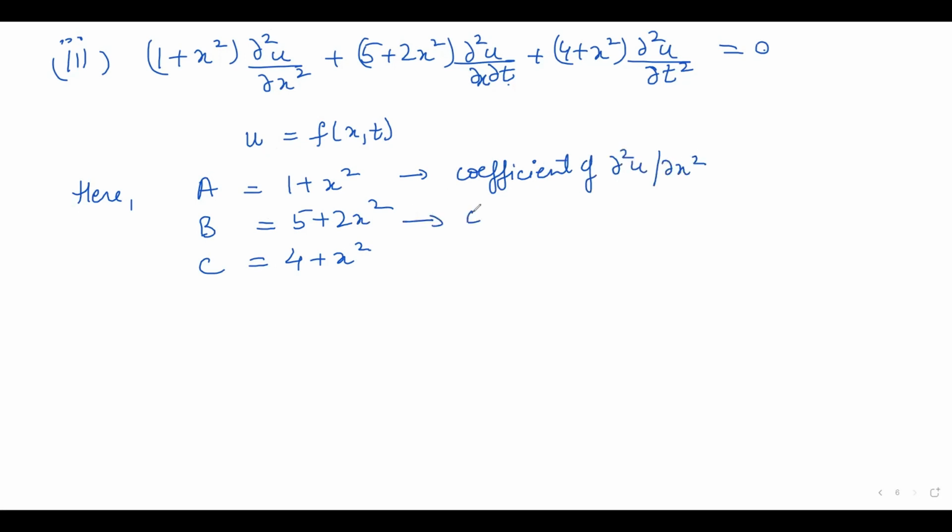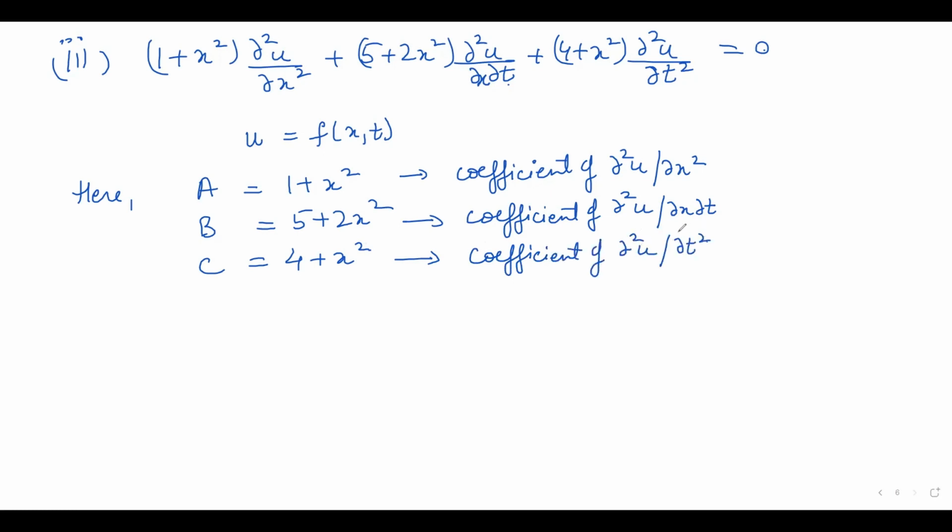This is the coefficient of del square u upon del x del t. And this is the coefficient of del square u upon del t square. So whatever independent variable you are having, might be z, y, x, whatever.